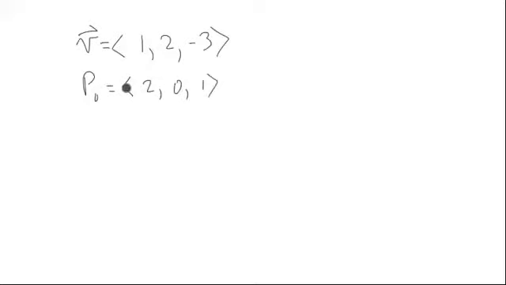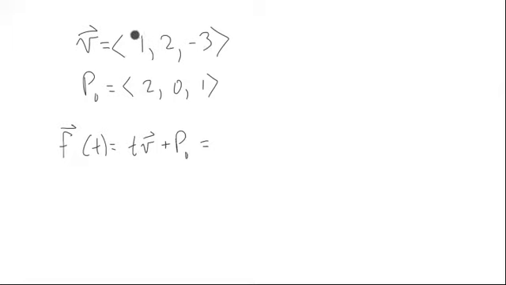Okay, so we're going to start from this point, and we're going to be adding onto this with this vector. So the equation of the line is going to simply be, well, we essentially have it. It's just t times v plus p naught, really.